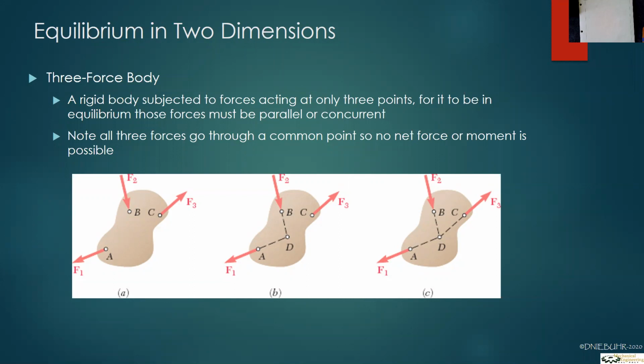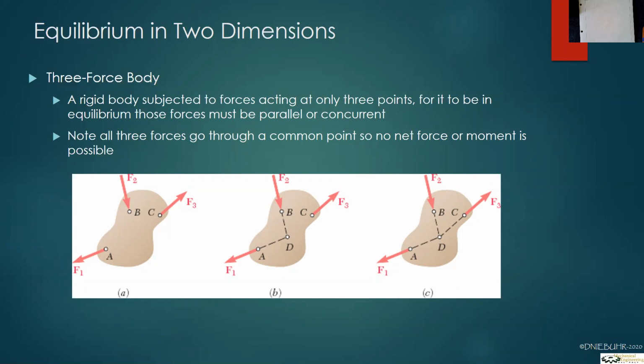So for the two-force member, in order to be in equilibrium, the forces had to be collinear and have opposite sense. In this case, the three forces must come to a single point.